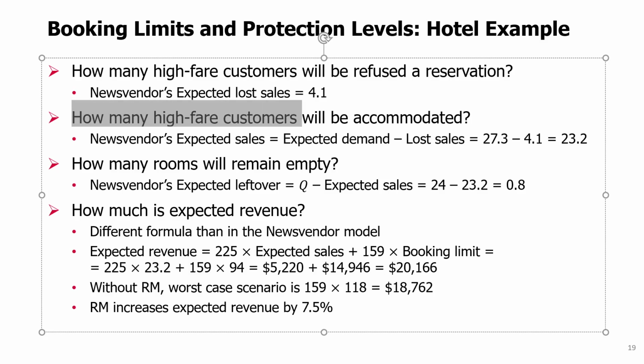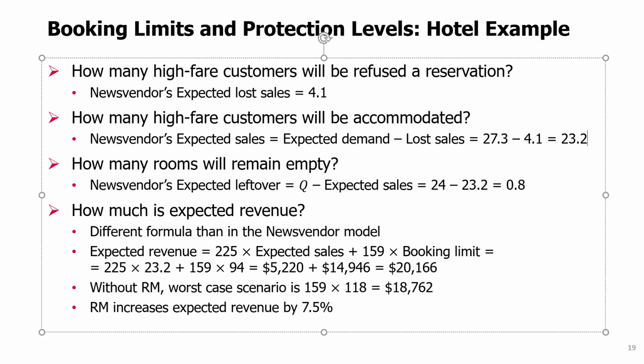What about high fare customers who will be accommodated? How many of them will be accommodated? This is the newsvendor expected sales, which, if you remember, can be calculated as expected demand, which was 27.3, the mu of the Poisson distribution, minus lost sales, which is calculated here. So the expected number of high fare customers, the business travelers, will be 23.2.